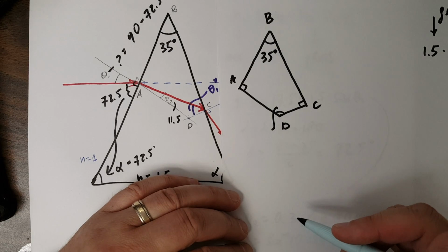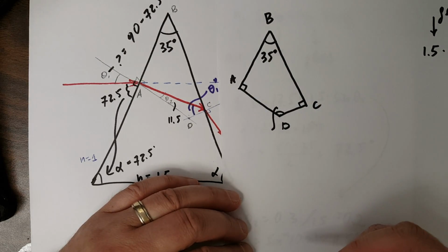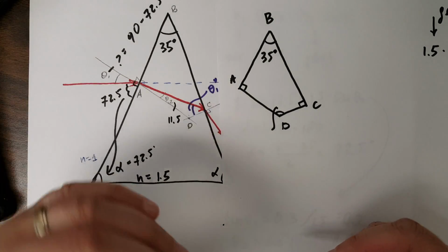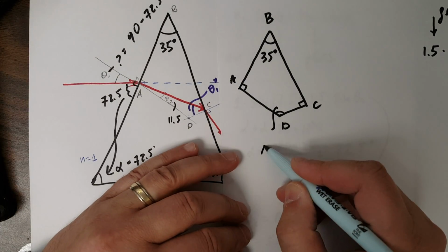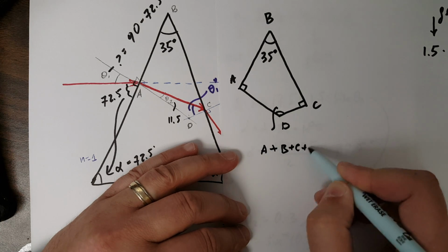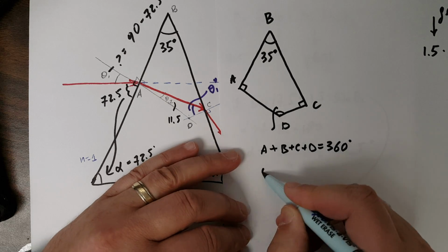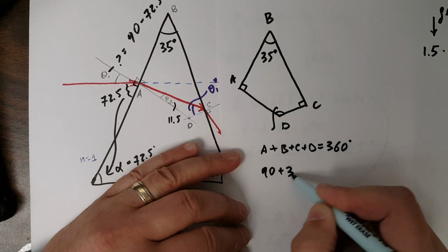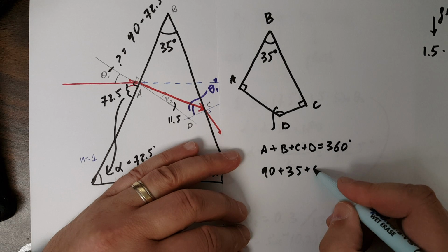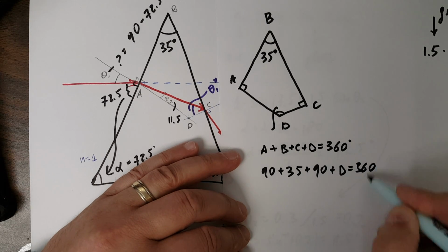And there's a rule which tells us that if we add four angles now, the sum must be equal to 360. So A plus B plus C plus D equals 360, or 90 plus 35 plus 90 plus D equals 360.